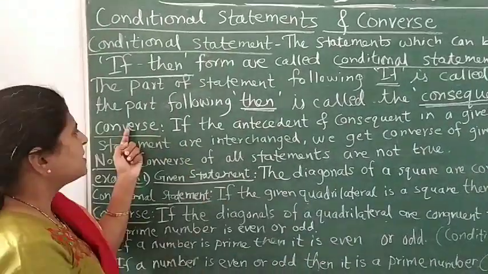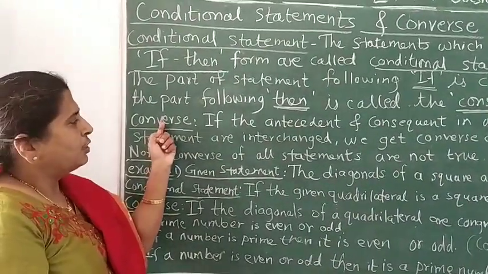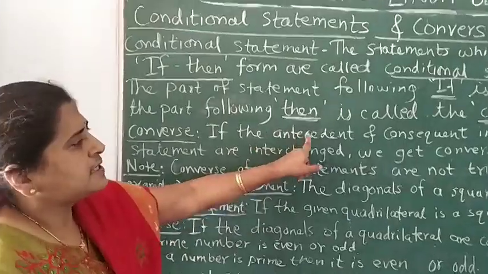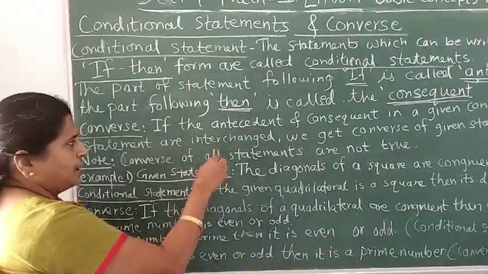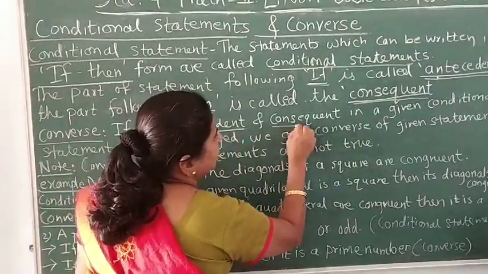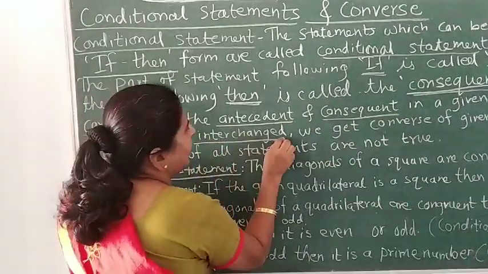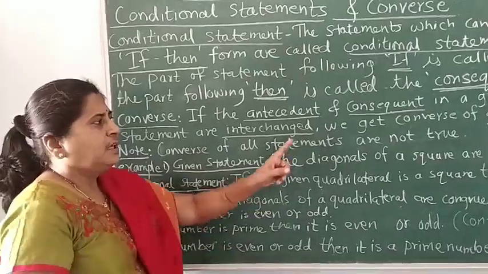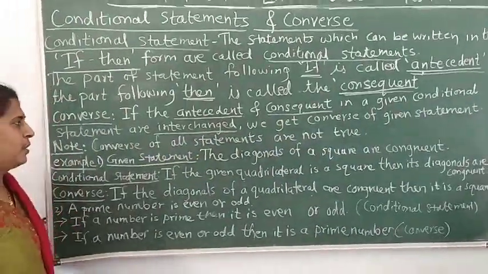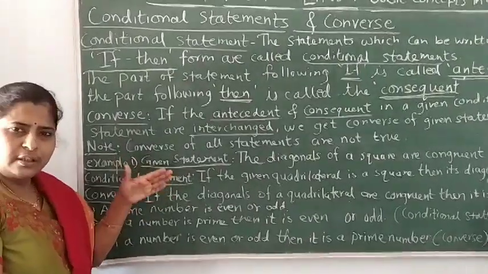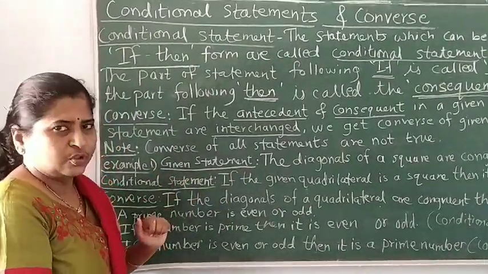Now, what is the converse of this? The converse is what we get if the antecedent and consequent in the given statement are interchanged. What are we going to do? We are going to interchange the antecedent and consequent. Then we get the converse of the given statement. We are going to see all this with examples also.